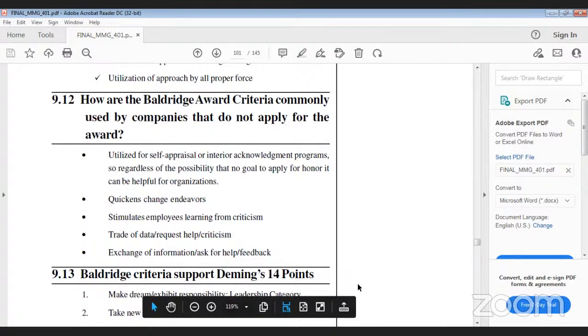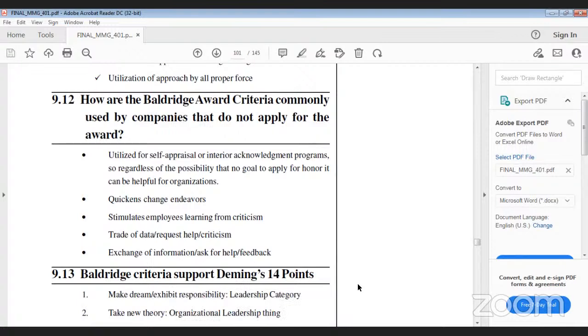Then the next point is that agility, changes must endure, and cumulative means learning from criticism. Learning must be done by the criticism, and there is also exchange of information and asking for help or feedback. It means the exchange of information.